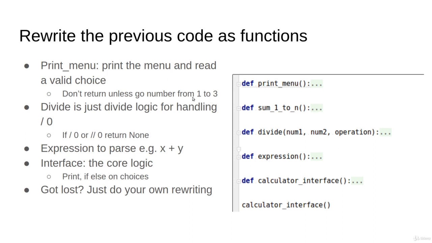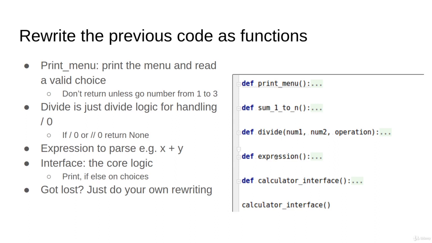Do not return unless you have read a valid number from 1 to 3. The second function is a function that returns the result from 1 to n and handles it. Then there is a function divide, which takes 2 numbers and the operation to handle the float and integer division and to handle the zero operation. I made it a special function because there is a lot of logic here.